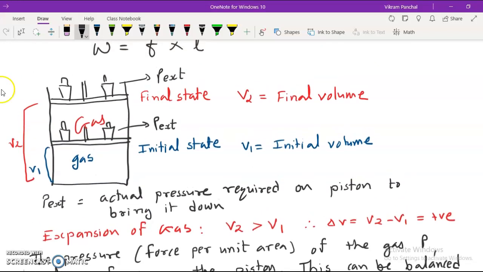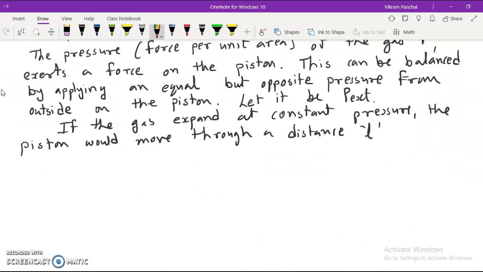See, this is L. This much distance is traveled by the piston due to expansion of the gas, and that is called L.